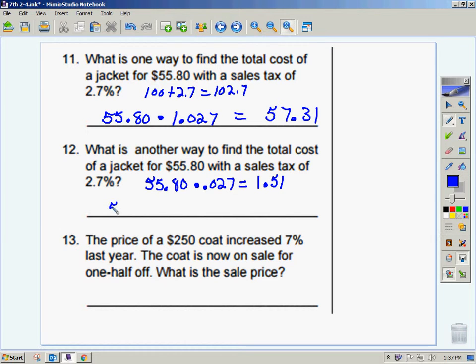And then I would take my 55.80 plus my $1.51 of tax, and it will give me 57.31. So there's both methods to work it out. Do I really care what method you use? No. Whichever works best for you.